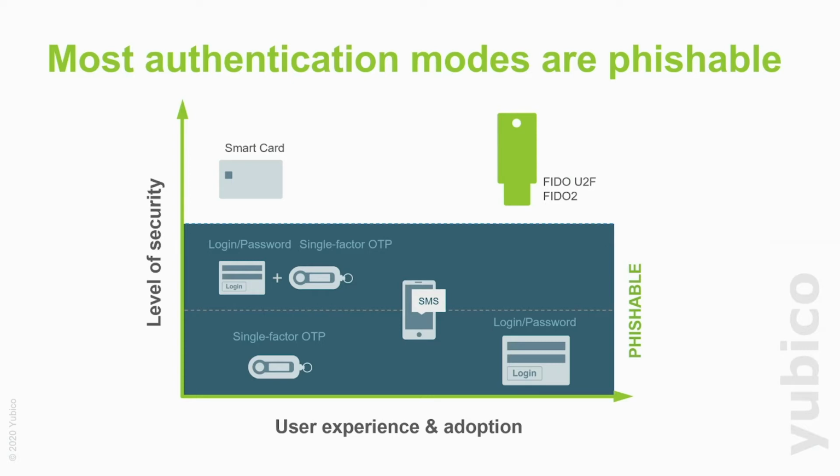And even that combo of things that have worked in the past are no longer as good as they used to be. What really matters today is not having a shared type of authentication, a shared secret that both parties have, but having a PKI infrastructure where you have asymmetric authentication, which would be like a smart card or FIDO.